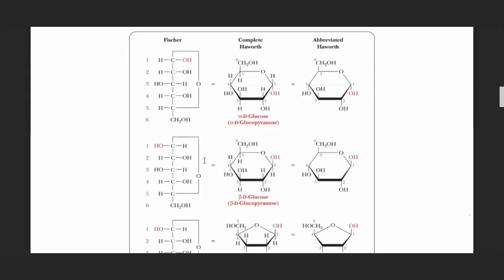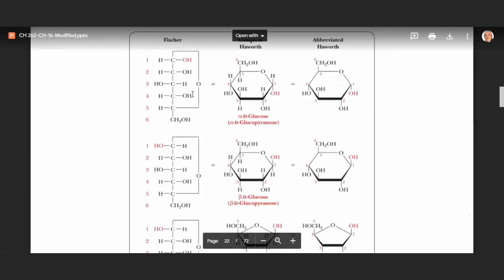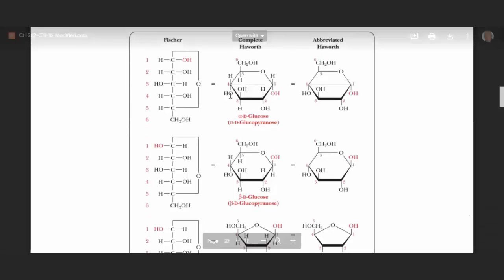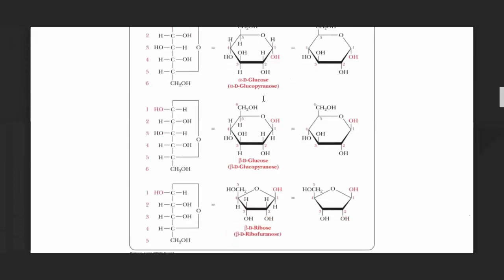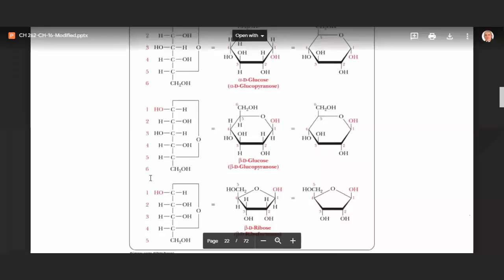Remember this. So all the groups here that are on the right, they become all down. You see, carbon 1, carbon 2, carbon 3 up, carbon 4 down, and so on. So these are the alpha and beta D-glucose, as you can see in both Fischer and Haworth.